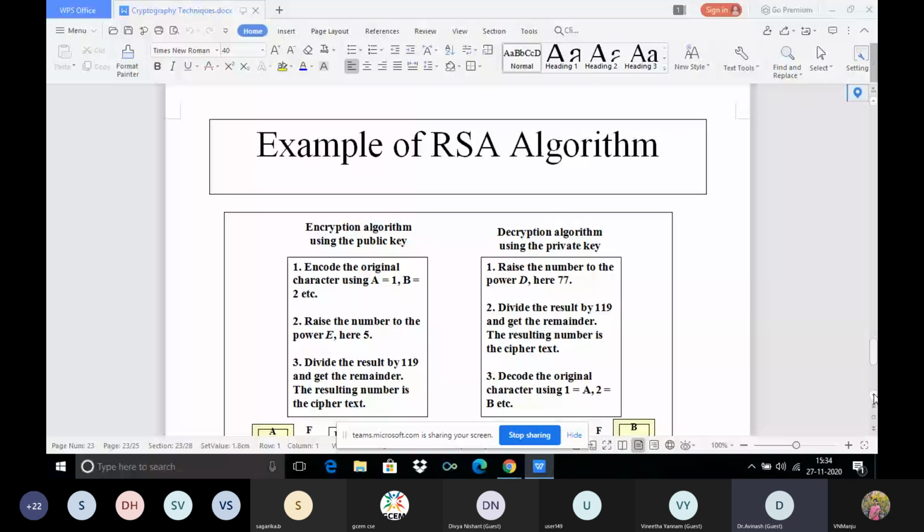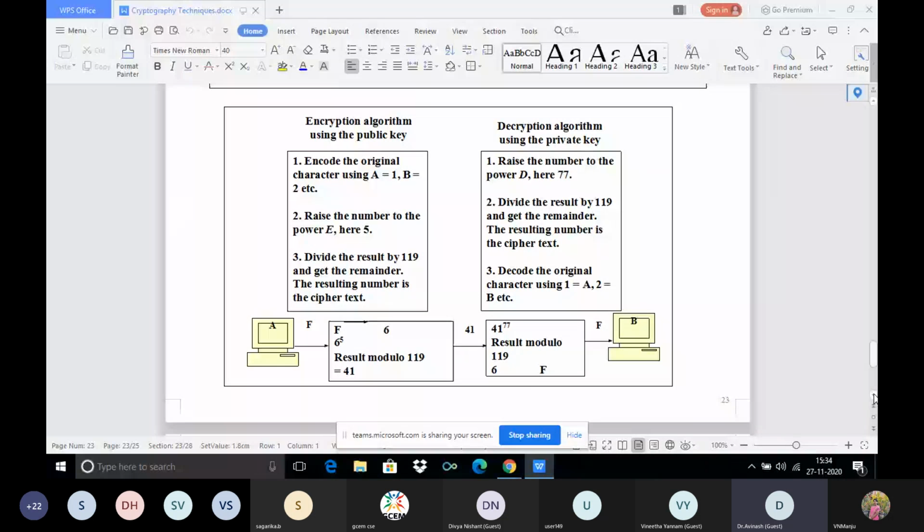In the encryption algorithm based on the public key, we encode the original character, A is equal to 1 and B is equal to 2, and then we raise the number to the power of E. Here the number obtained is 5. Then we divide the result by 119 and get the remainder. The resulting number is the ciphertext. So this is the encryption algorithm using the public key.